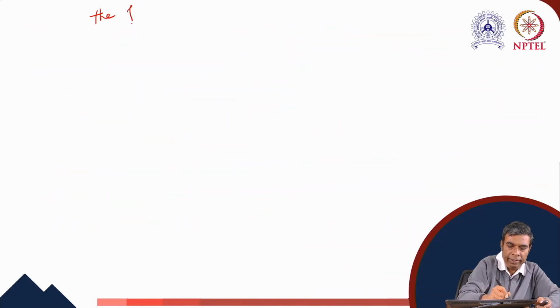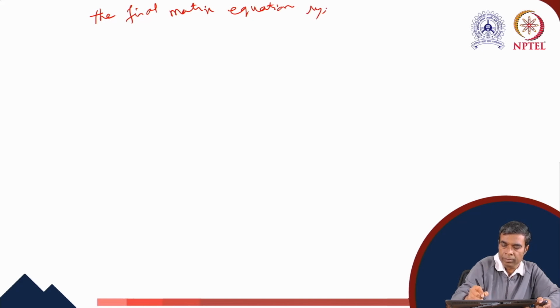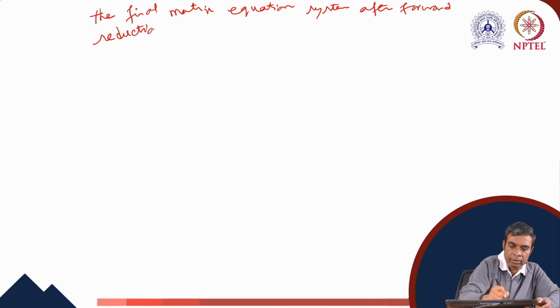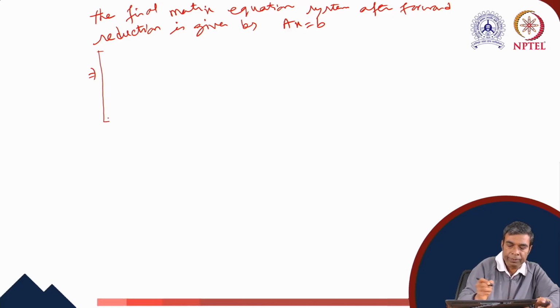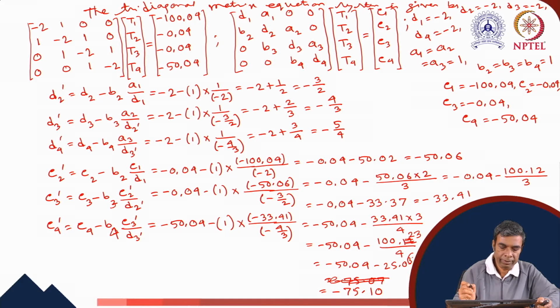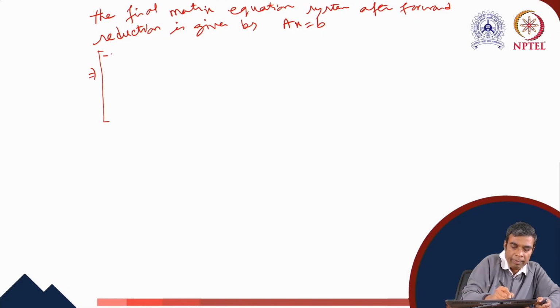The final matrix equation system after forward reduction is given by Ax equals B. Here our A is: the first row is minus 2, 1, 0, 0.